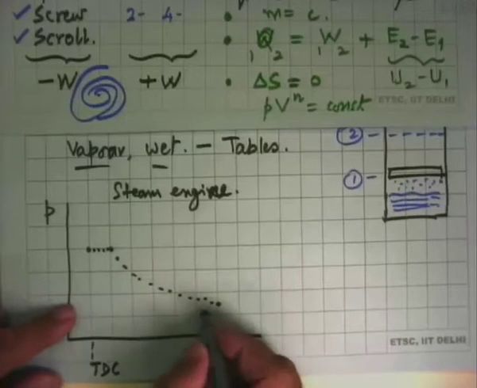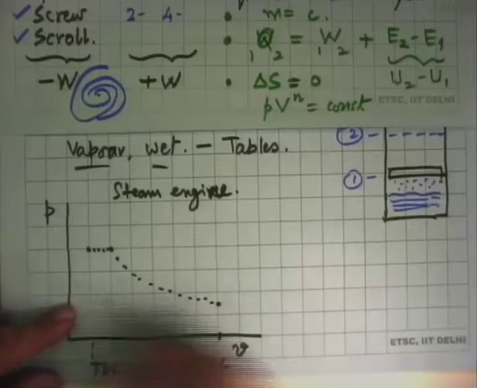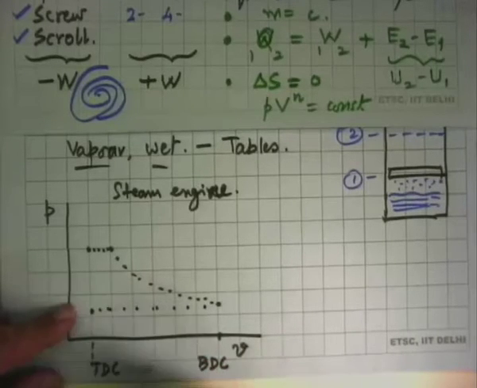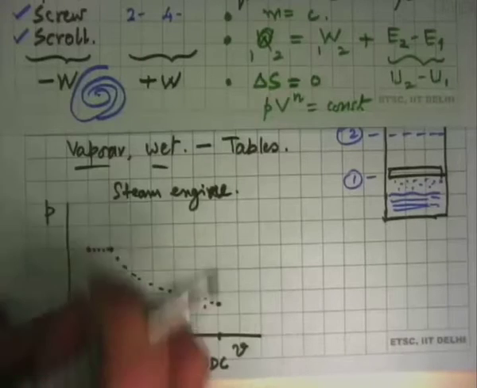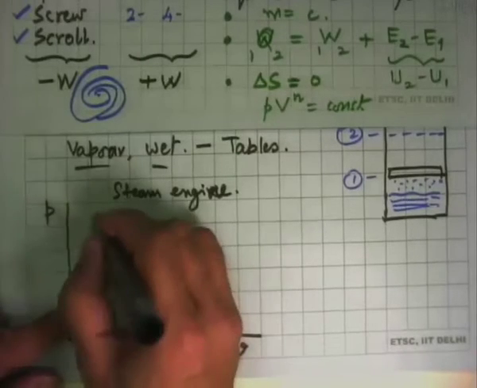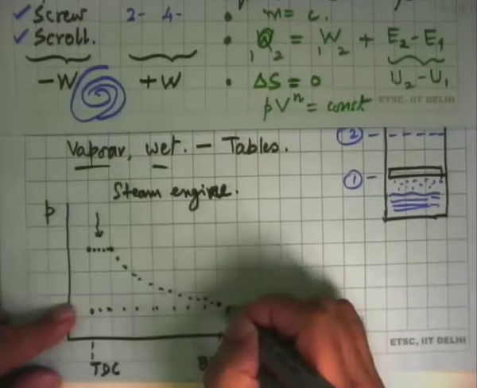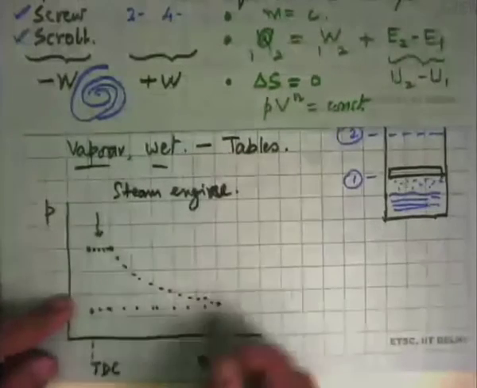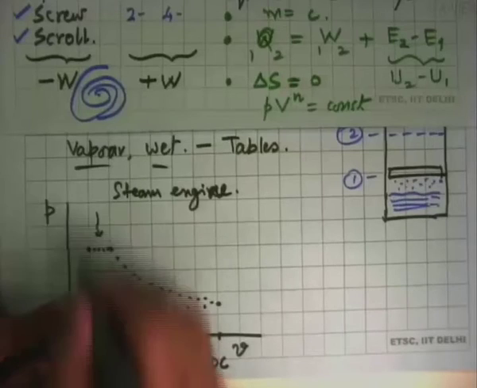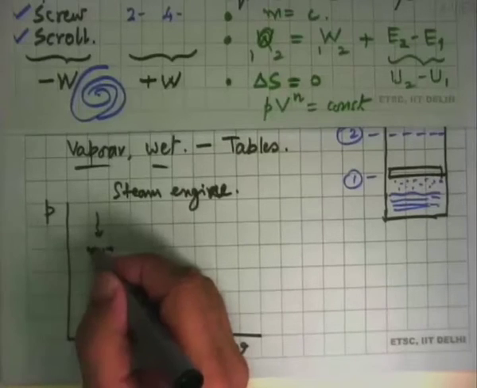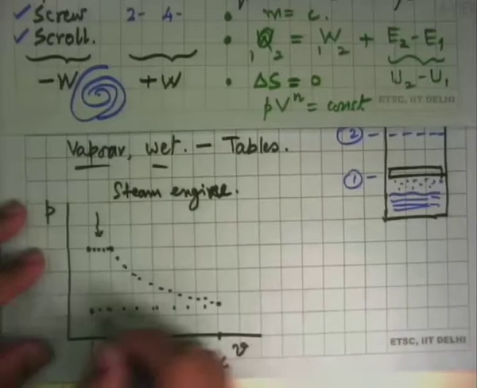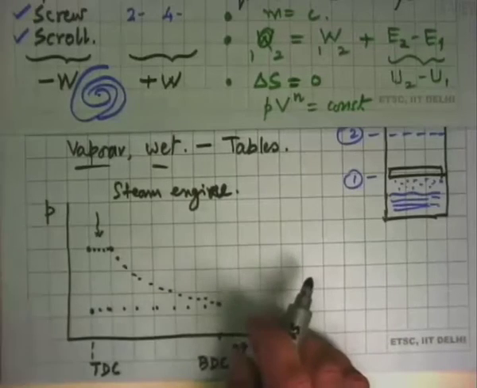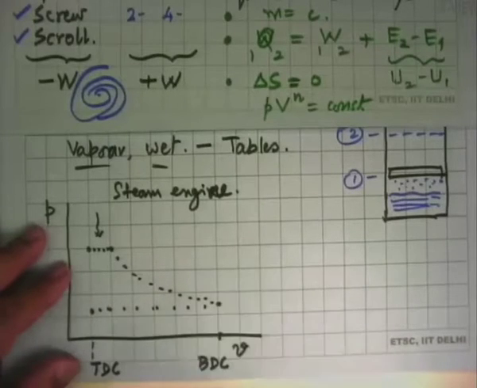And then it comes back, and as it's coming back, it pushes that steam out. So these are the states it goes through. But now it is an open system. This part was an open system because steam was coming in. This is a closed system. We can assume it to be reasonably adiabatic, and this is the outlet. Once it comes to the top, again we start exposing it to the boiler, and it again generates this. So that's how the classical steam engine used to work.